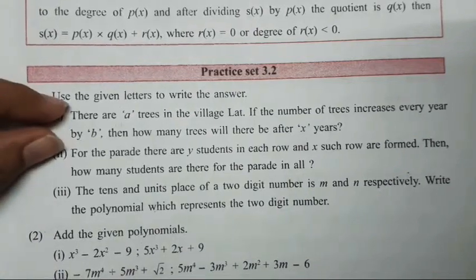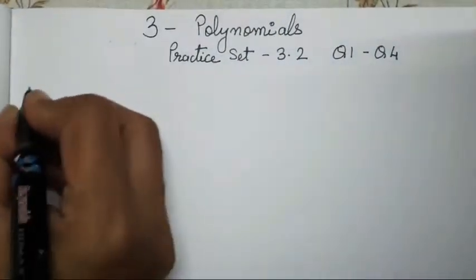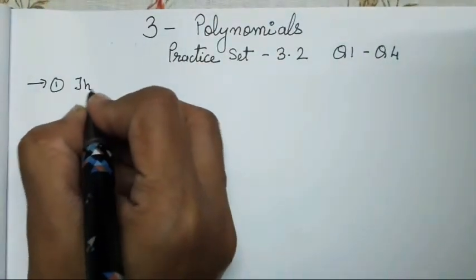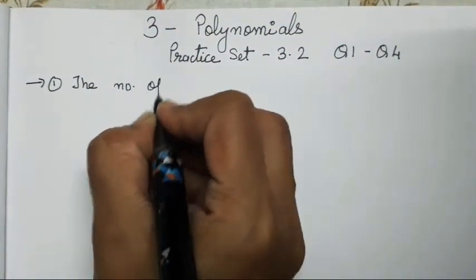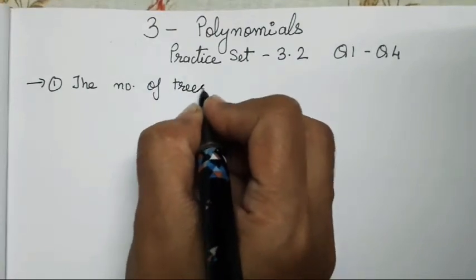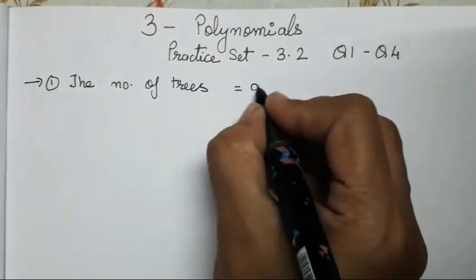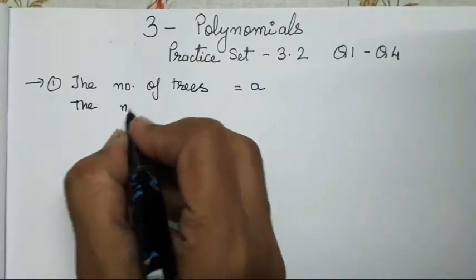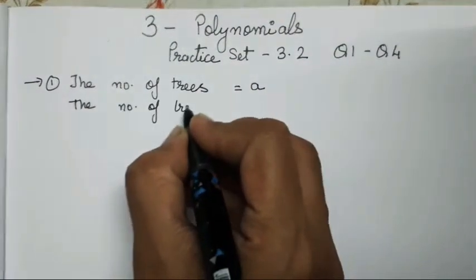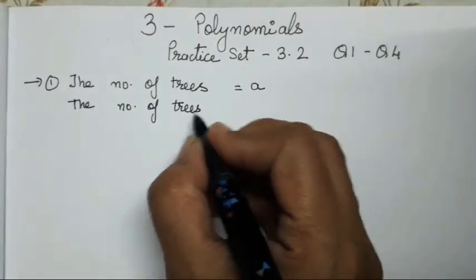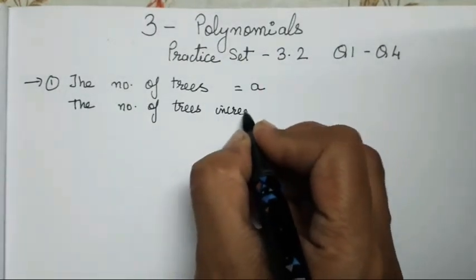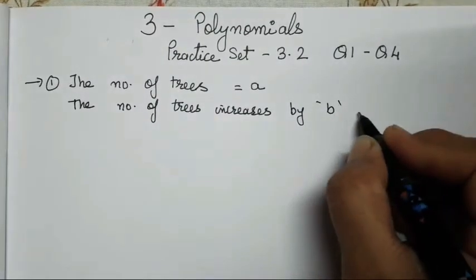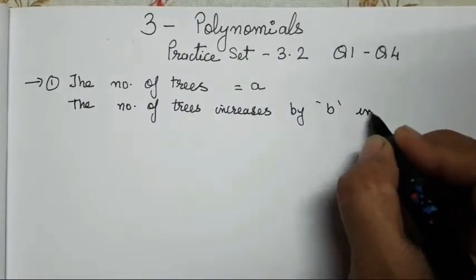So using the given information we will write the answer. First, the number of trees. How many number of trees were there? It was A. Then the number of trees increases, isn't it? They said increases every year by B in a year.